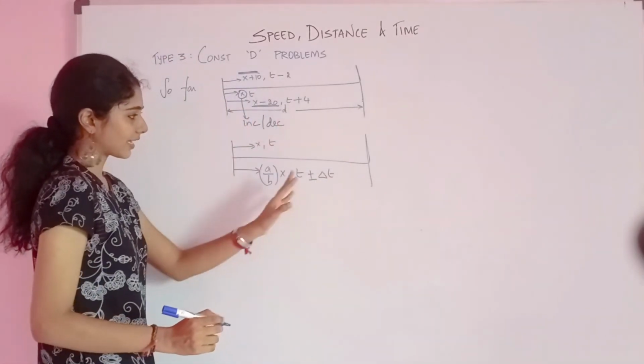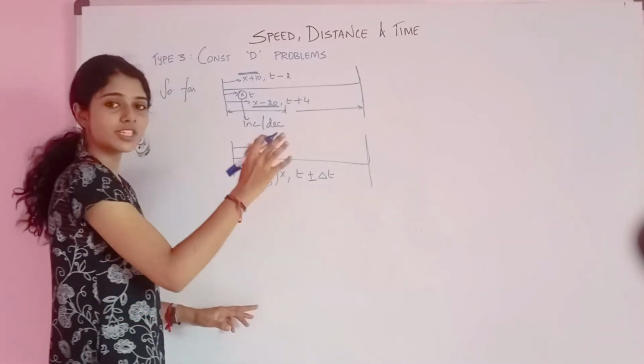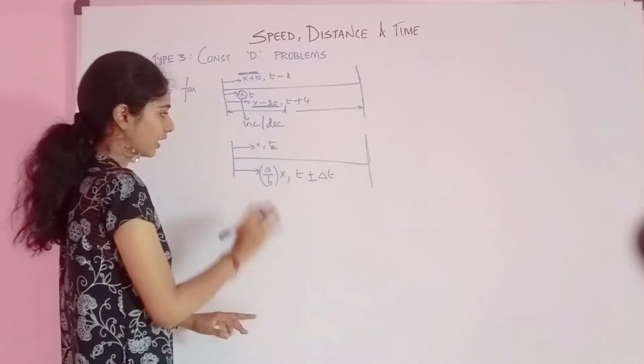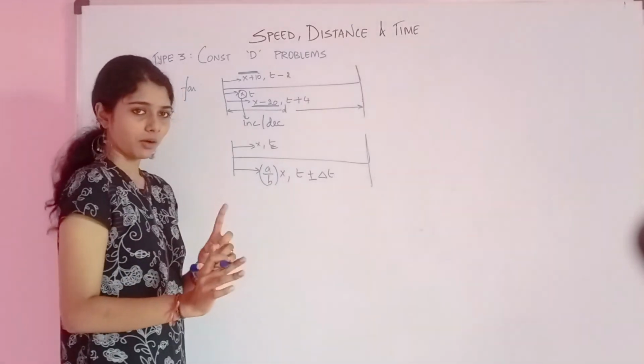In cases like this, they would mostly ask you to find the original time in which he reached his destination. It is very simple. It is actually one particular formula only.